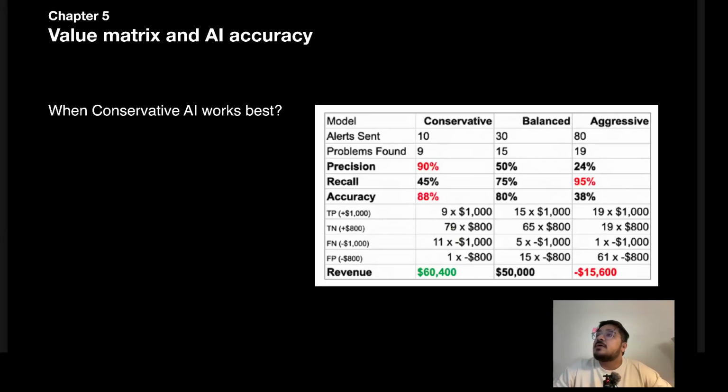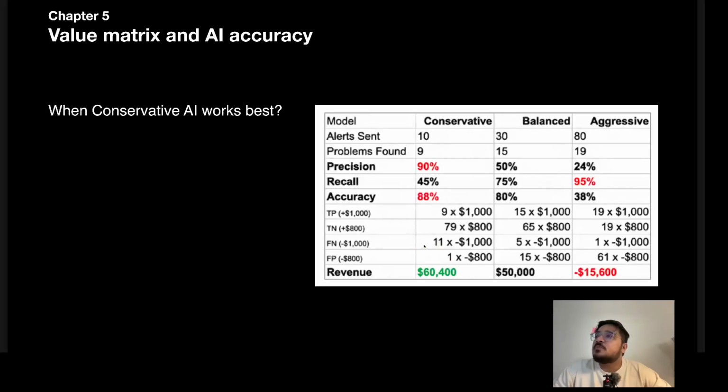So in that case, for your conservative AI, you are getting much more money, because you don't have much downside. Even the false negatives and false positives are very few cases in a conservative AI.